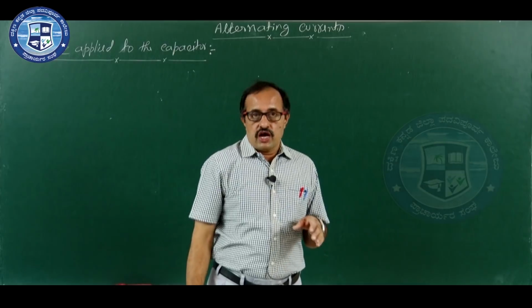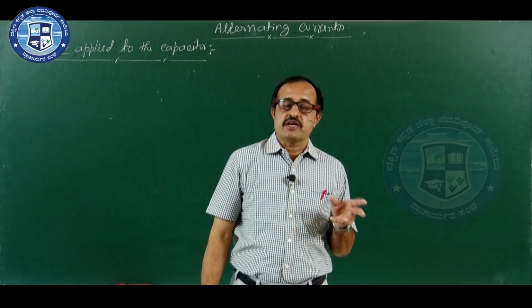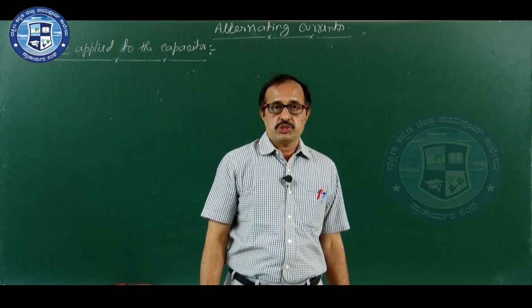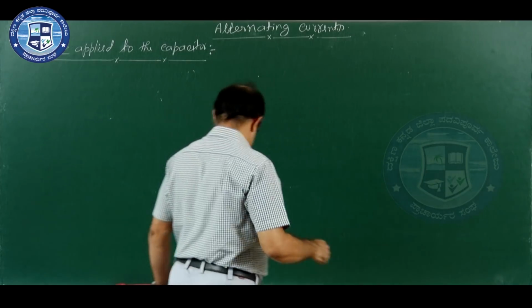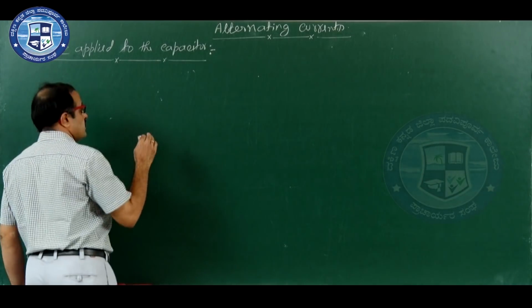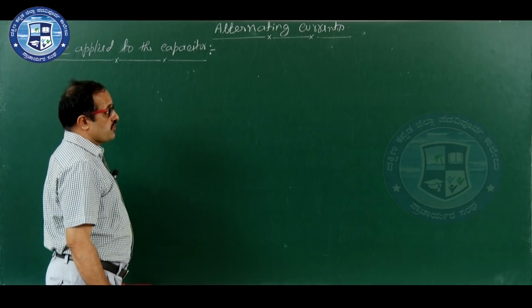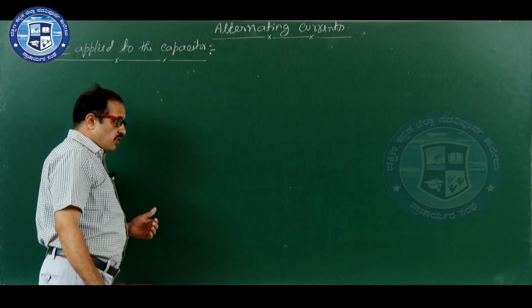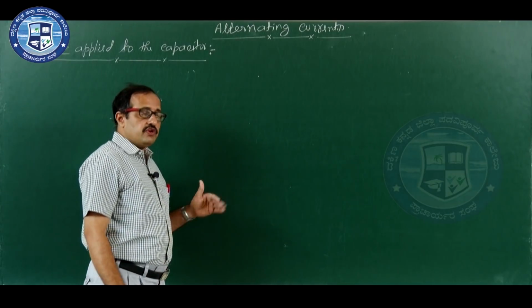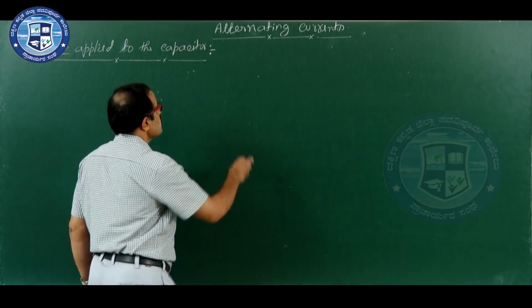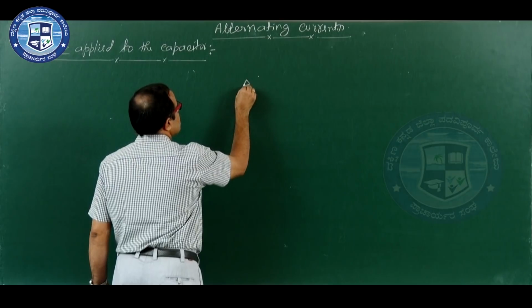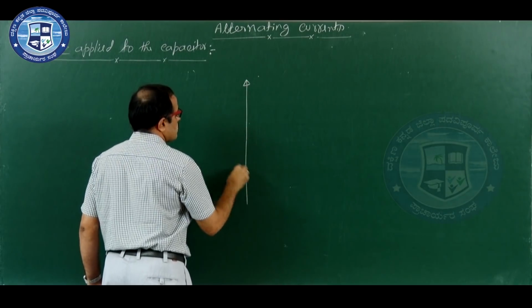Now, we plot the graph of voltage and current in the case of capacitor. Graphical representation followed by phasor diagram. So, even you have to plot the phasor drawing. Now, first of all, I want to plot the phasor drawing, that is convenient. Later we go for the graph. So, how to plot the phasor diagram?